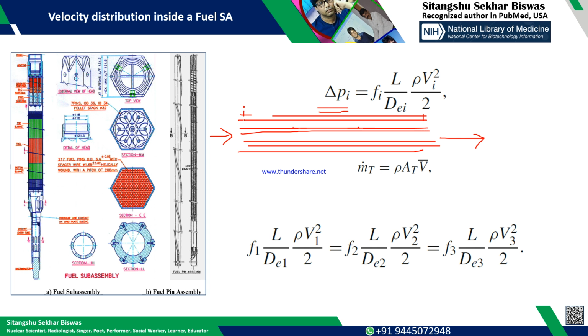D_ei is the effective flow diameter, or flow aperture, for the ith channel, rho is the density of the liquid, and V_i is the velocity in the ith channel.